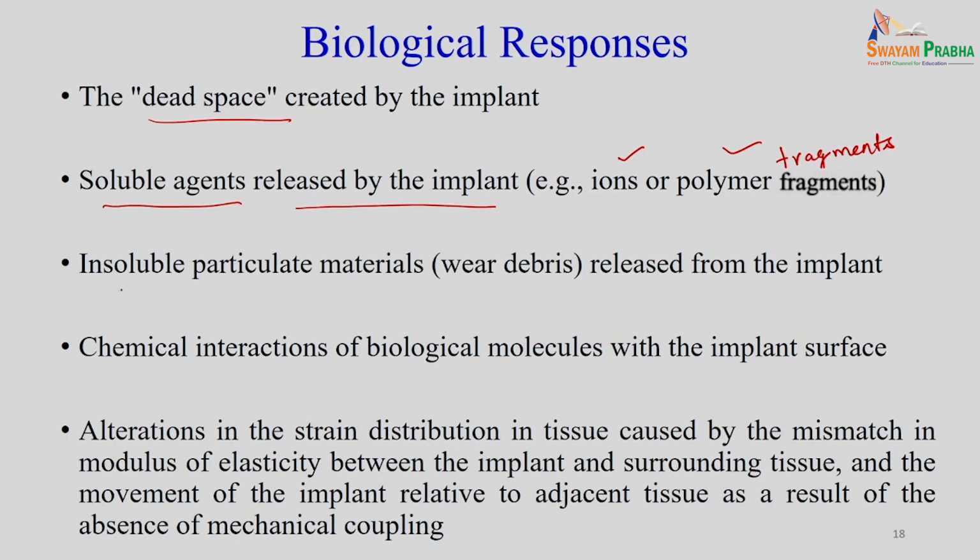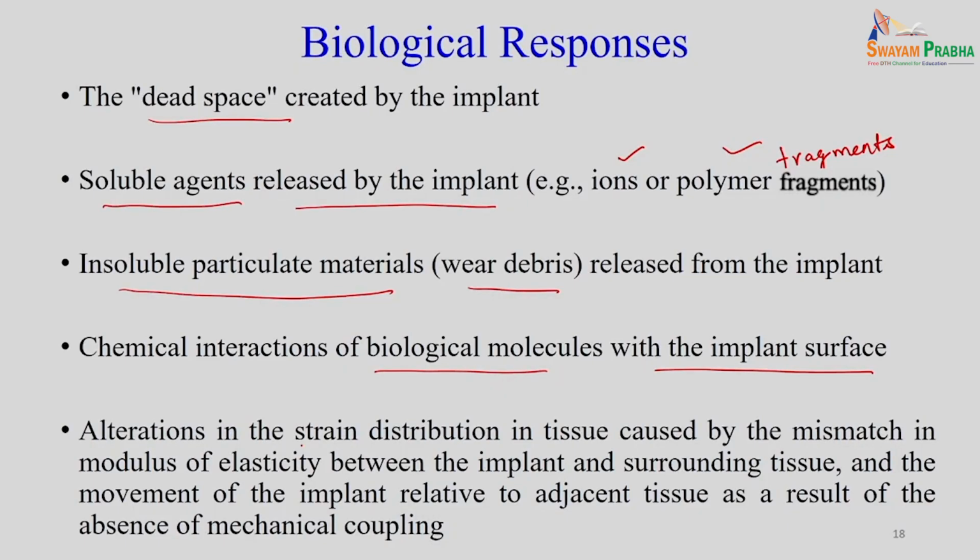Also we have insoluble particulate materials, like debris generated because of wear. Then there should be some chemical interactions of biological molecules with the implant surface. It includes surface protein interactions, adhesive protein and cell surface interaction.